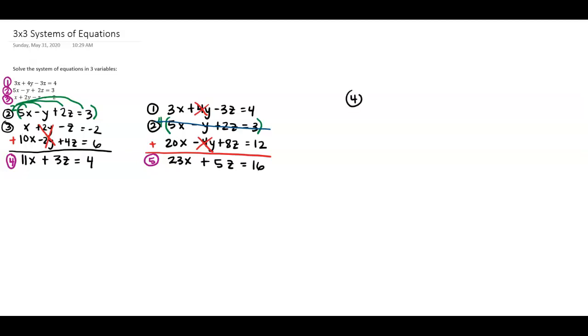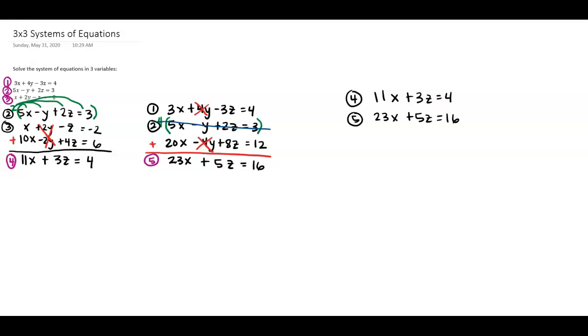So equation 4 is 11x plus 3z equals 4, and equation 5 is 23x plus 5z equals 16. So on this one, I'm going to have to multiply both equations by something in order to get the variable to eliminate.